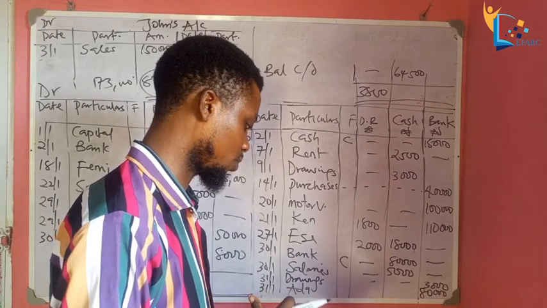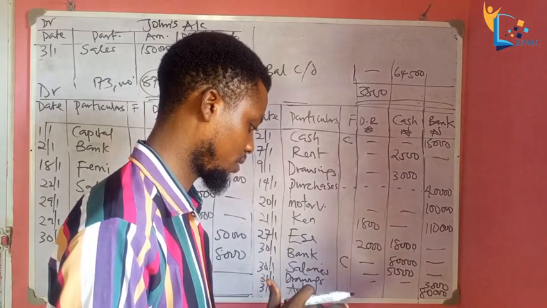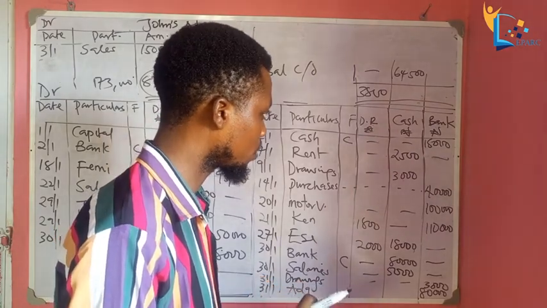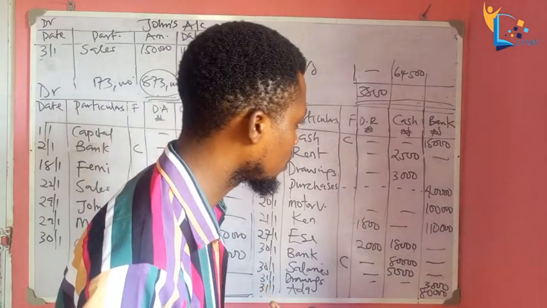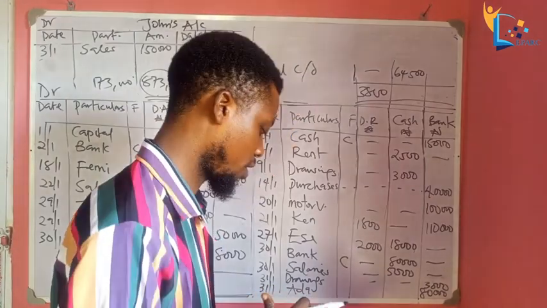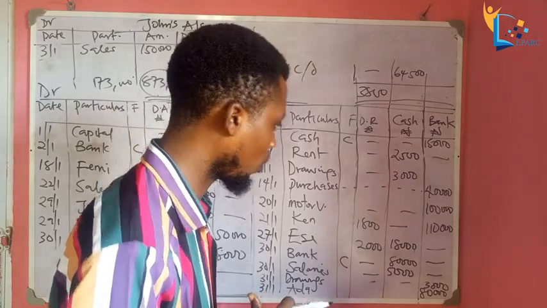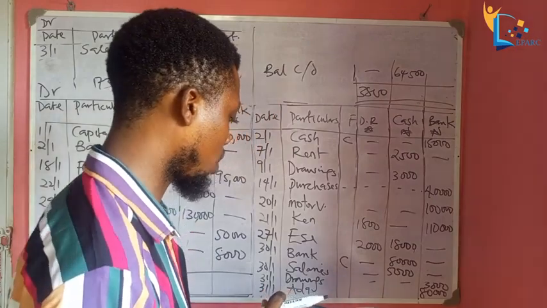We have 18,000 plus 40,000 plus 100,000 plus 110,000 plus 3,000 plus 80,000. So we have 351,000.